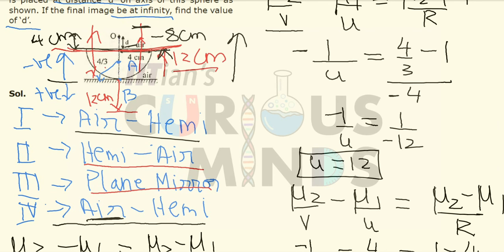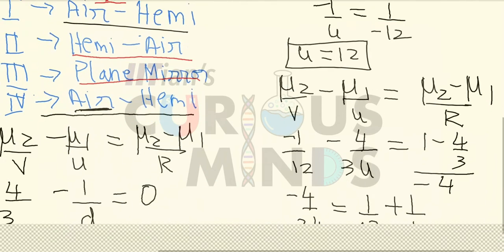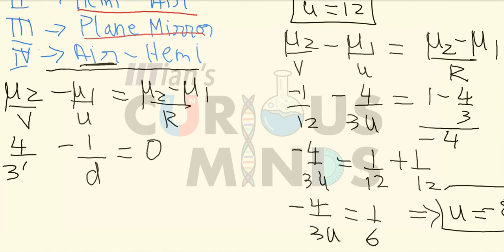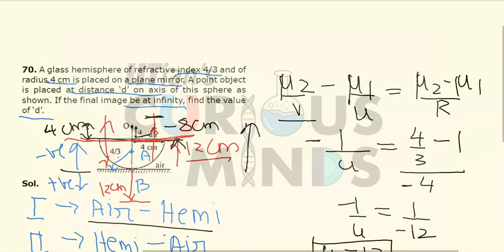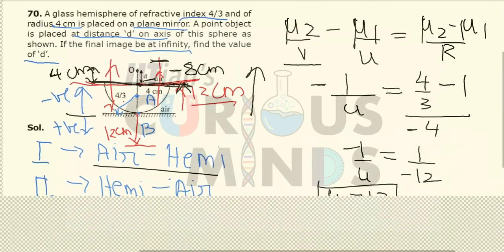If I take the image distance as negative, I have to also take object distance as negative, so it doesn't matter. Let me take it as negative 4, not negative 8. From this plane side, it will be at a negative 4 centimeter.